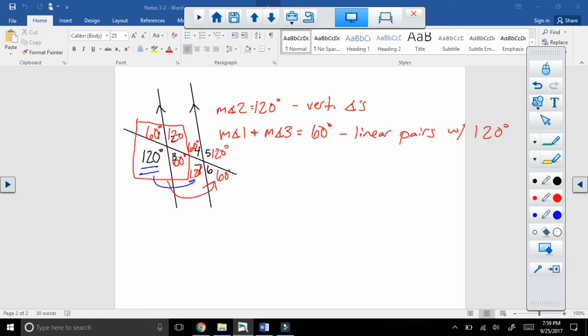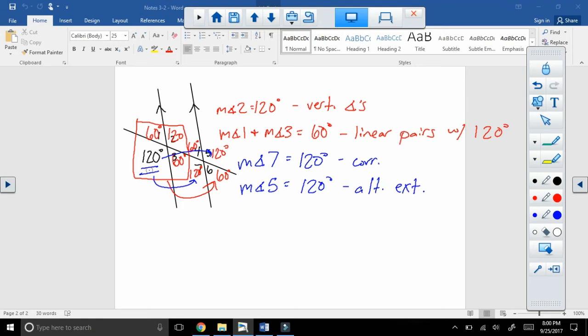So for this one here, the measure of angle 7 is 120, and it's corresponding with that original one. For angle 5, this one here is 120, and that is an alternate exterior angle with the original one.